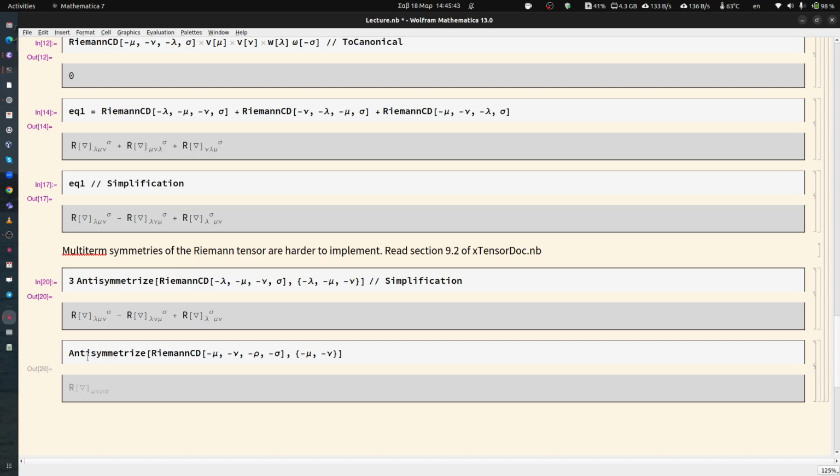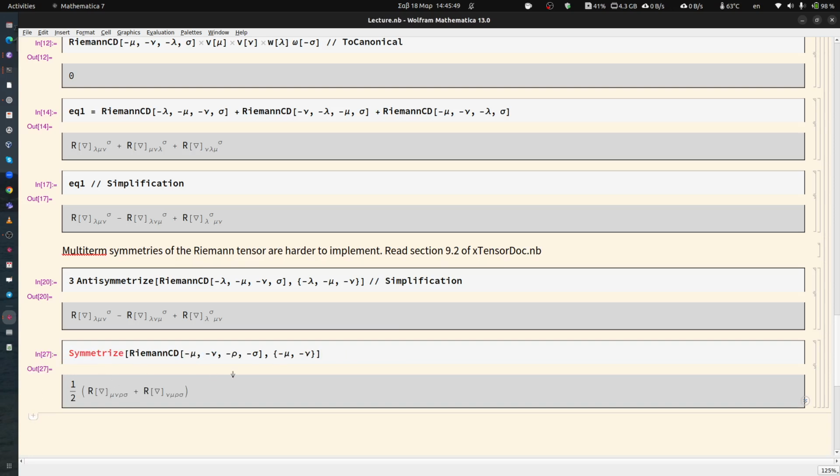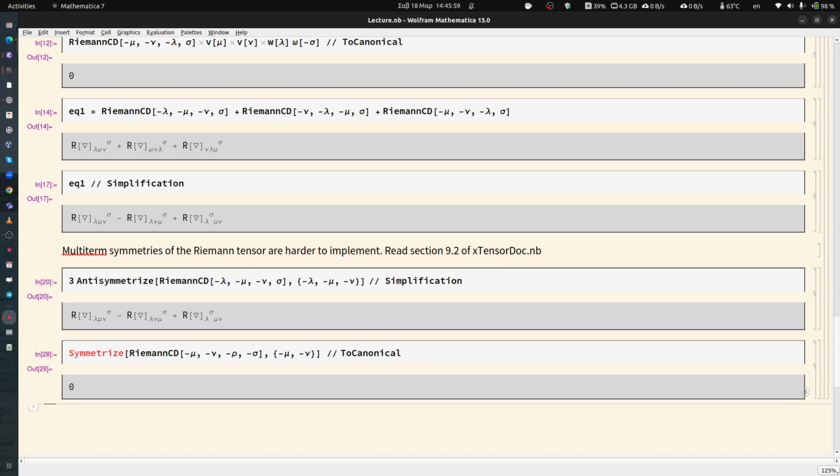Now, if we symmetrize, we obtain this expression, but this should be 0. In order to apply the symmetry properties and obtain 0, we have to act with the function ToCanonical.